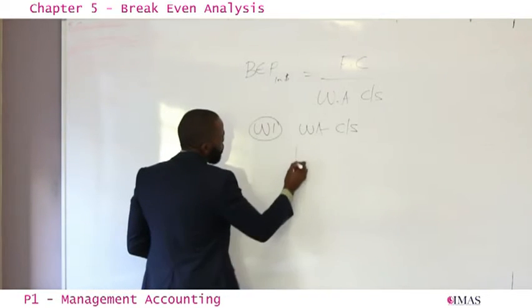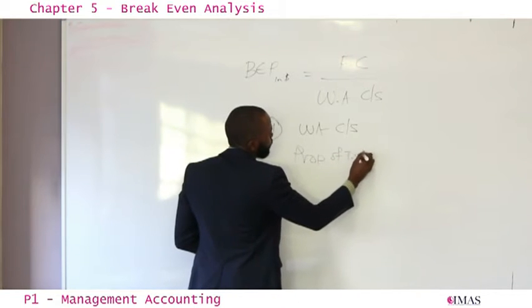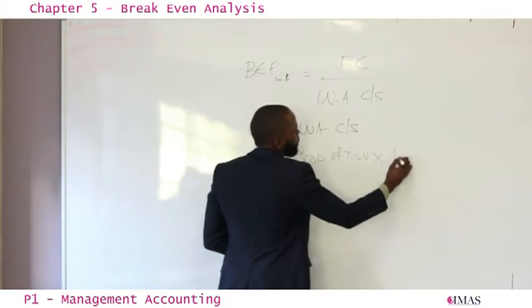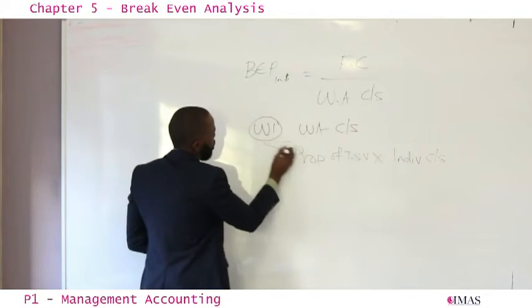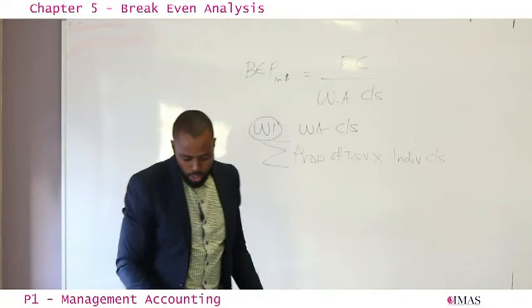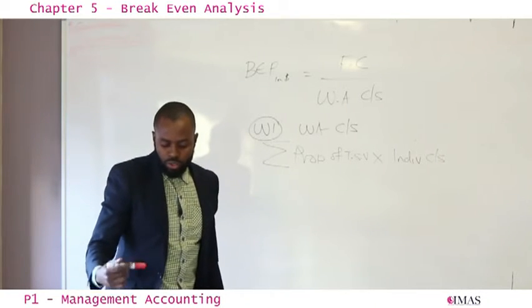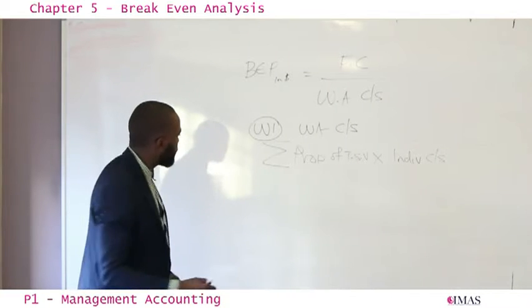Method number 2, I said we take the proportion of total sales value multiplied with the individual contribution to sales ratio. We sum them. So our proportion is 3:7:5. So 3 plus 7 plus 5 is 15.